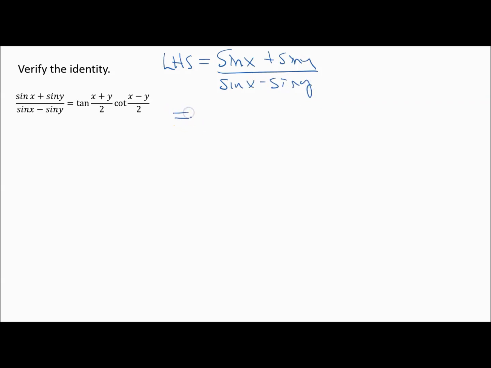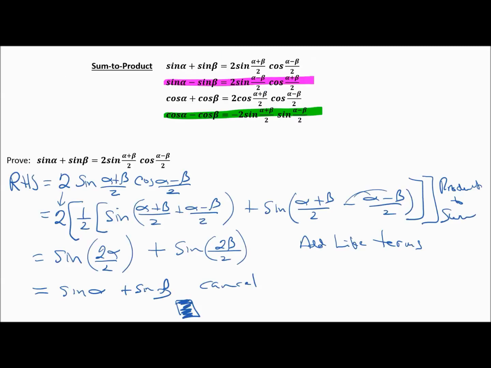Now, I'm going to look up my formulas. Sine of x plus sine of y: I've got a sine and it's addition. If I highlight that in a brand new color, how about orange? A sine and its addition. Notice it's 2, sine of them added divided by 2, cosine of them subtracted divided by 2.